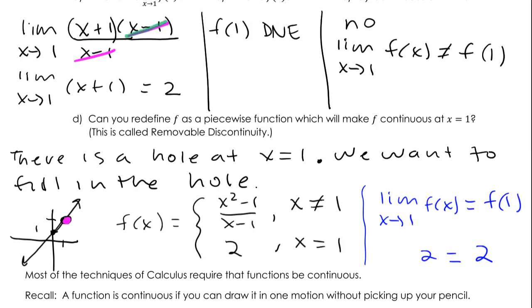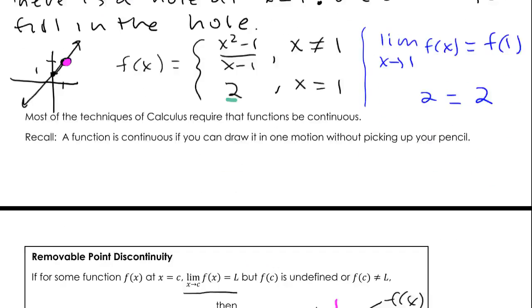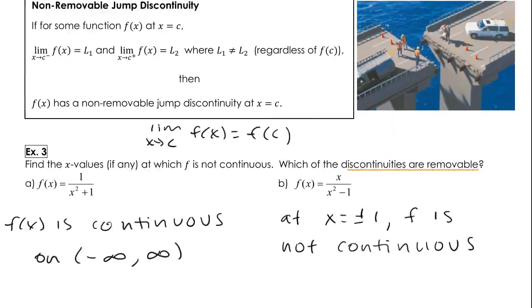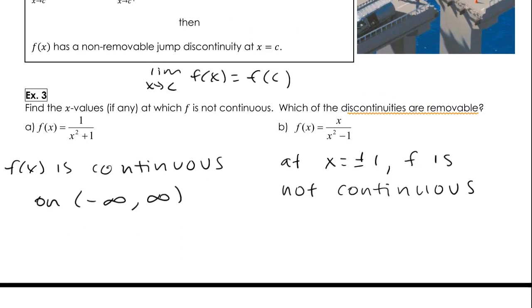So a removable discontinuity is going to create a hole, and it's when it can be removed, so that it creates the hole that you could then fill in if you are asked to do so. In this case, this factor on the bottom becomes x plus 1, x minus 1. There's no factors of x plus 1, x minus 1 on the top. So to finish the question, they are non-removable.